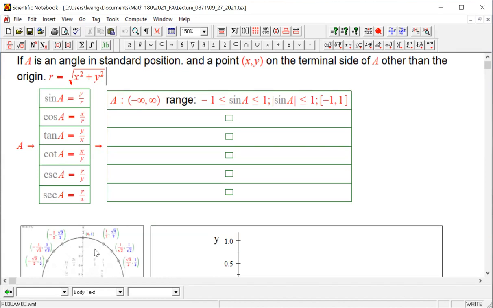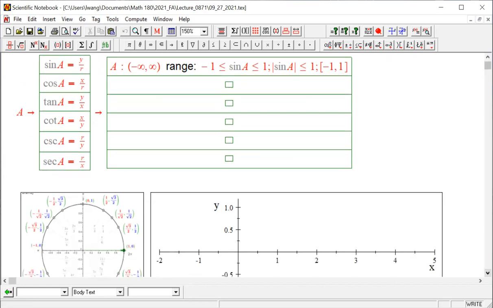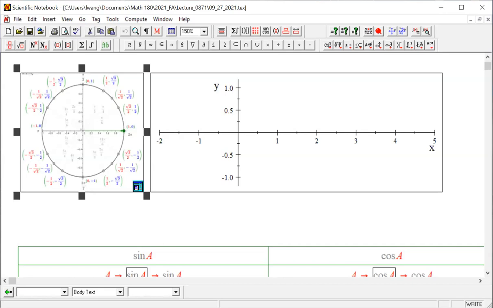You guys with me? For example, as we measure these angles from the standard position, the terminal could be here. Then you get a crossing with the unit circle, so you have a point over here.